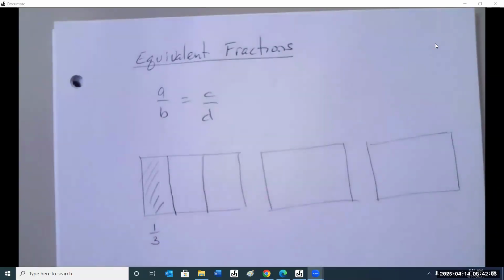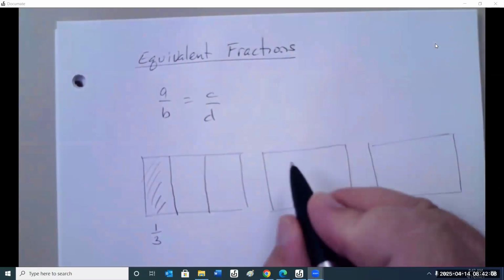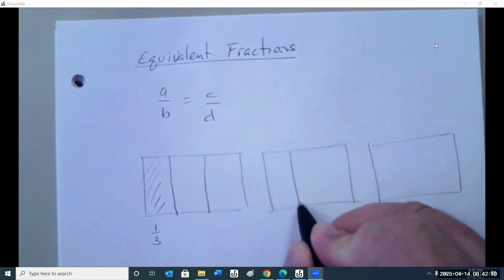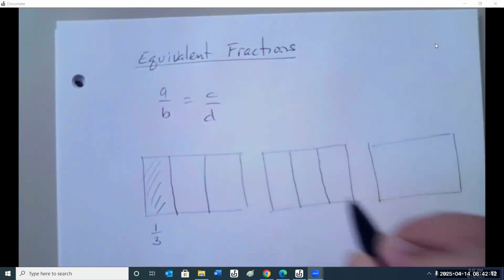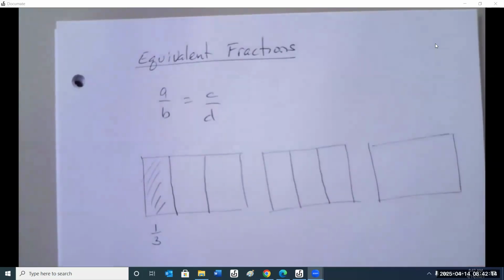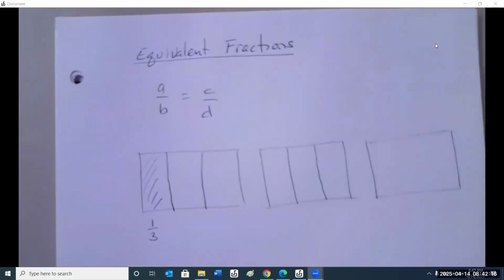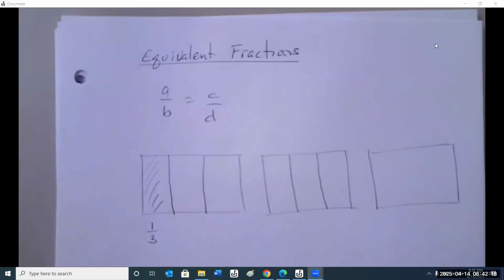One third. Okay, so remember, we have this folded piece of paper, it's in thirds. Okay, let me demonstrate. Here we have a paper folded in thirds.